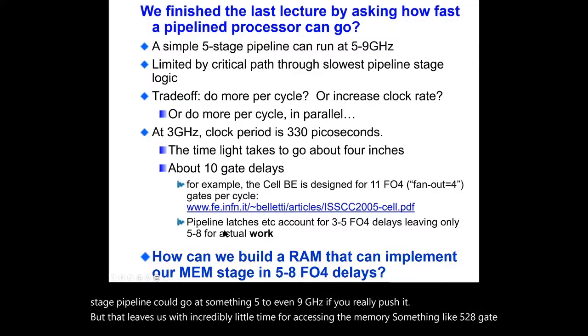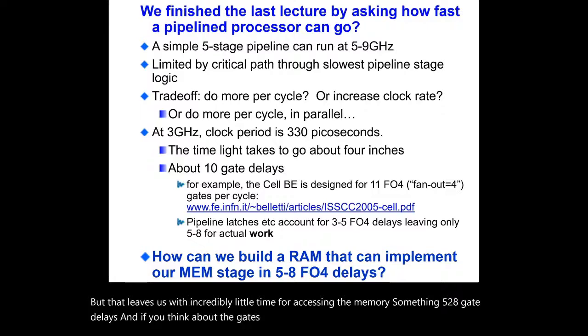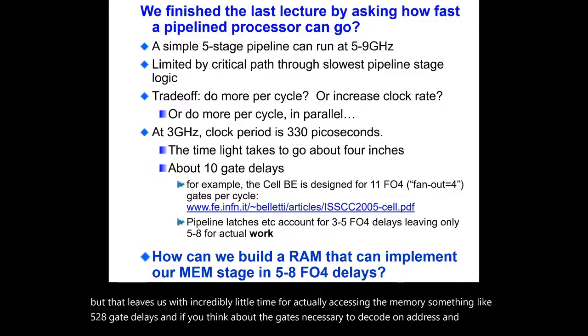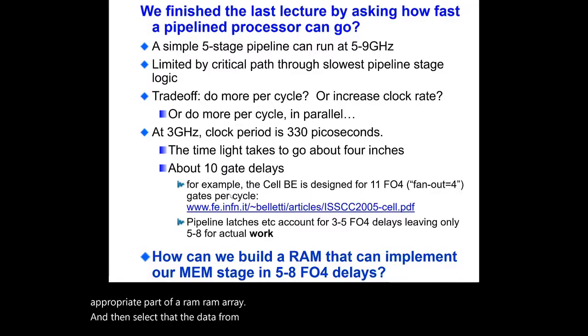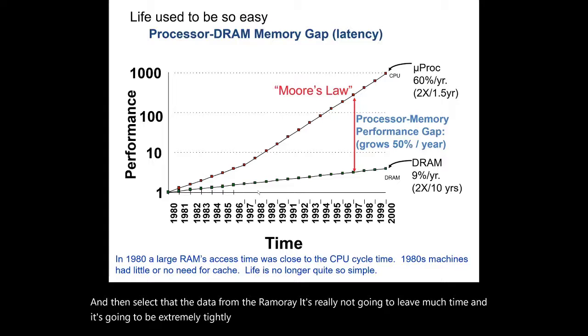If you think about the gates necessary to decode an address, index the appropriate part of a RAM array, and then select the data from the RAM array, it's really not going to leave much time, and it's going to be extremely tightly constrained. So the magic trick, of course, is caches.